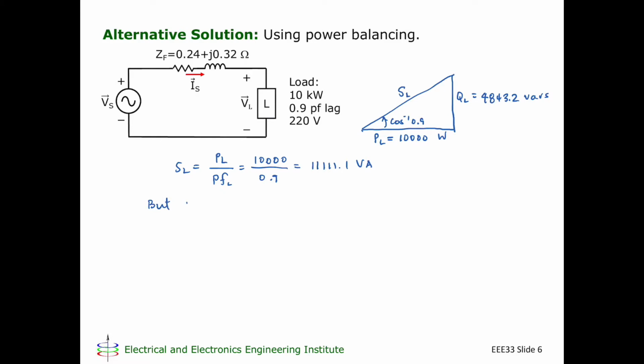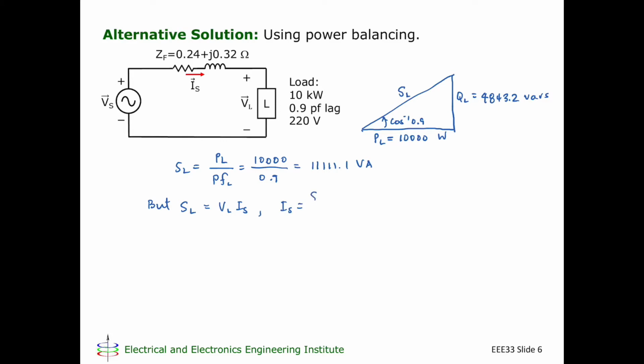But S of L is equal to V of L times I of S. We're not talking about phasors here, we're talking about RMS values. So I can compute now the RMS value of my current.